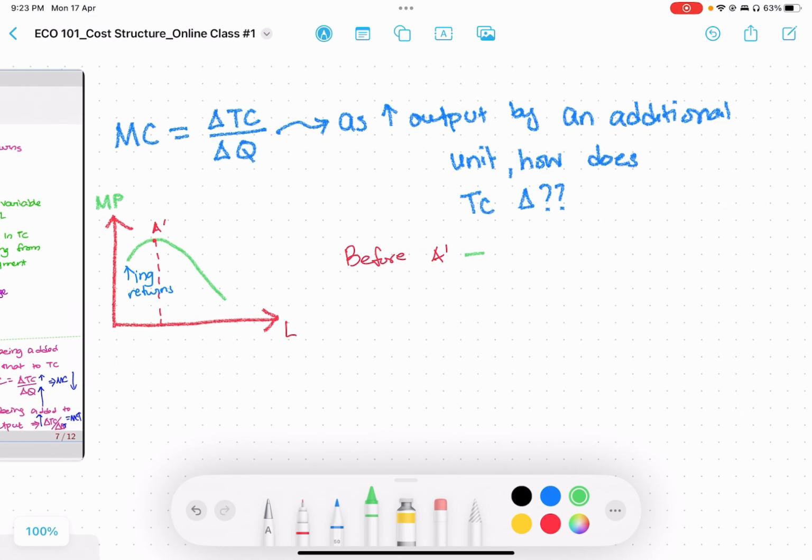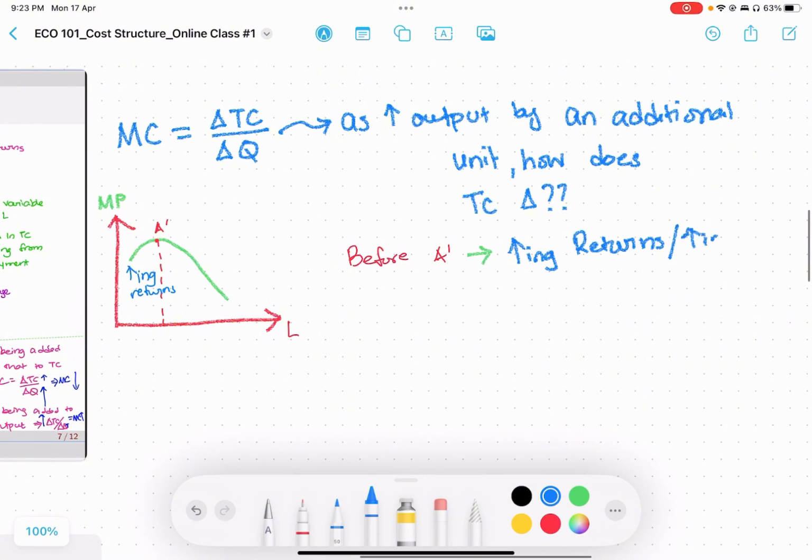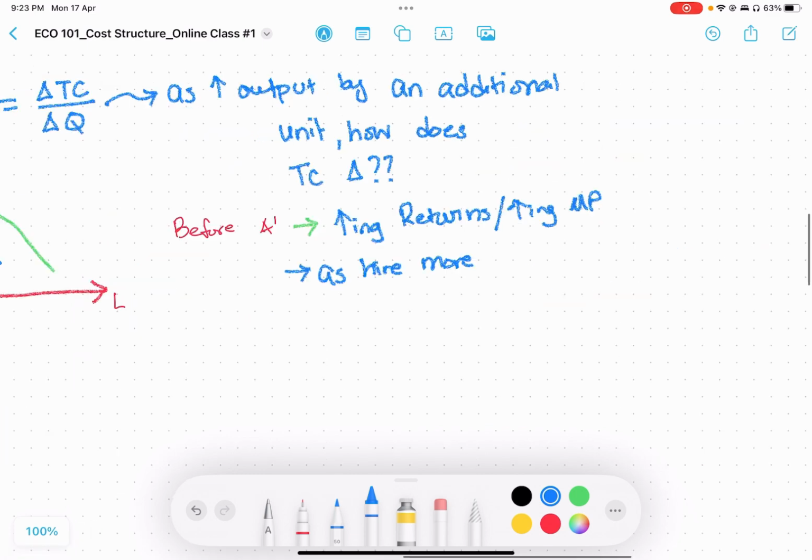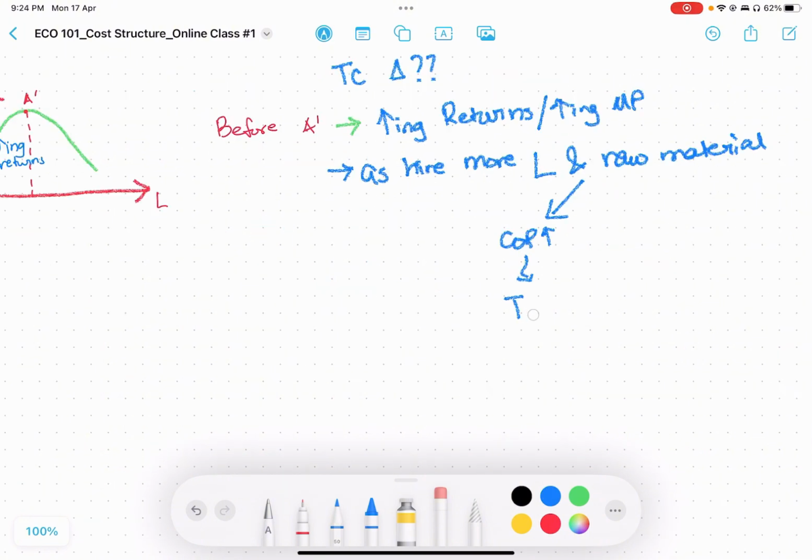So before A dash, we've got increasing returns or increasing marginal product, which means that as we hire more labor and raw material, yes, the cost of production goes up, so the total cost goes up. But at the same time, because there's increasing returns, more and more is being added by each labor hired.